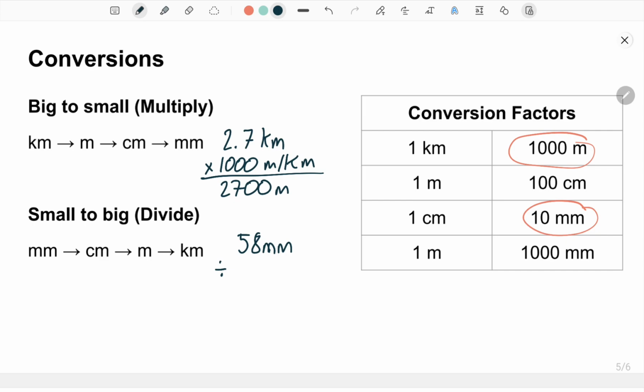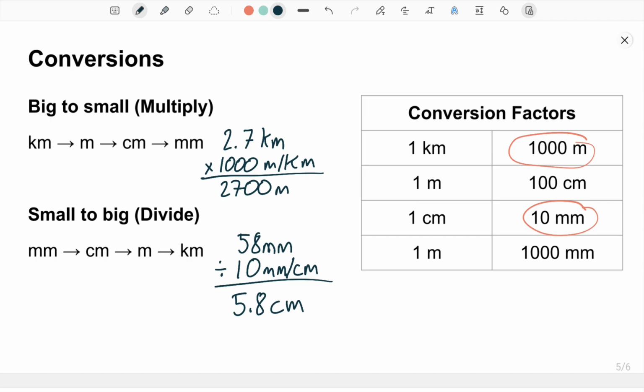So whenever you're beginning with the smaller measurement and converting it into something bigger, divide that number. In this case, it's 10 millimeters per centimeter. And when you do that, you will get something like 5.8 centimeters. And so there's just a very quick reminder of conversions.